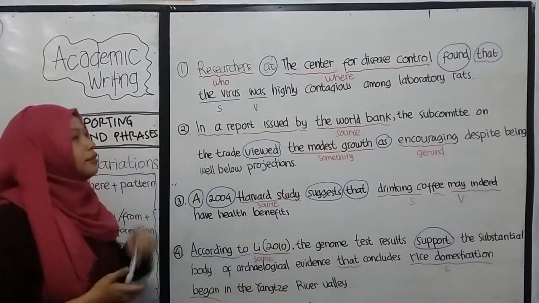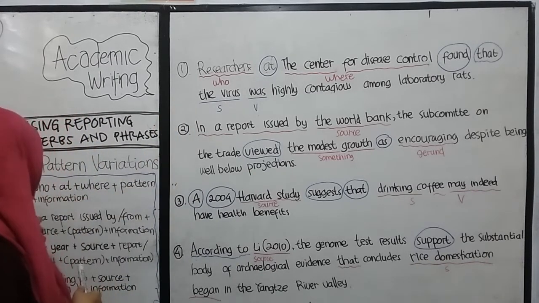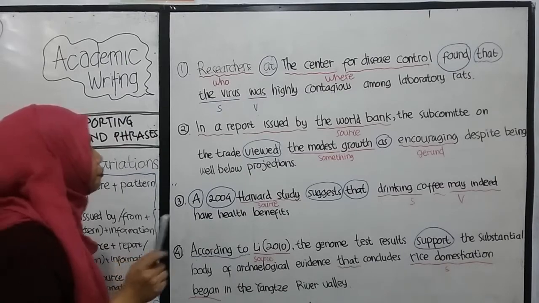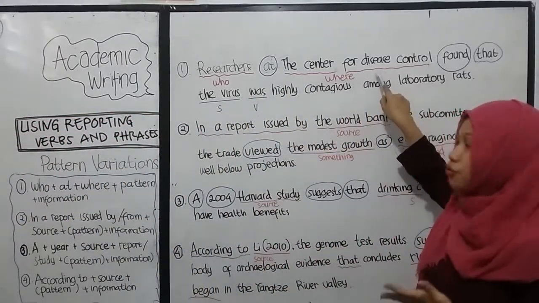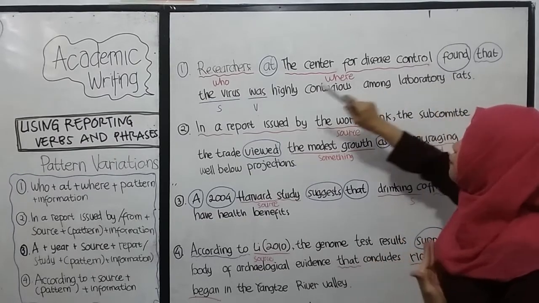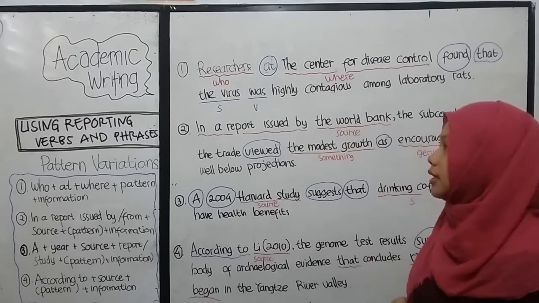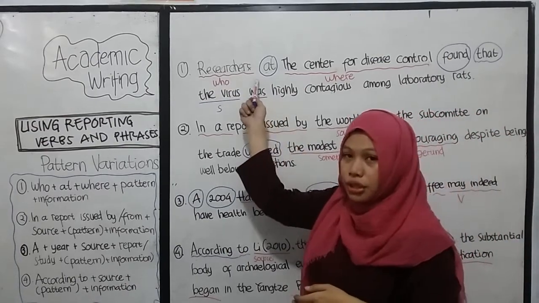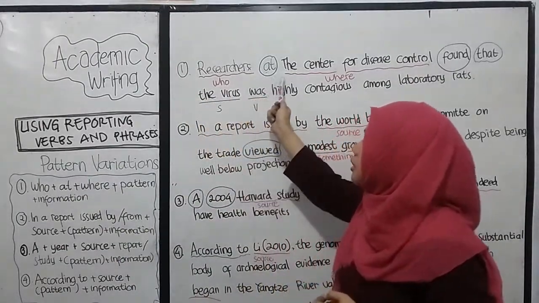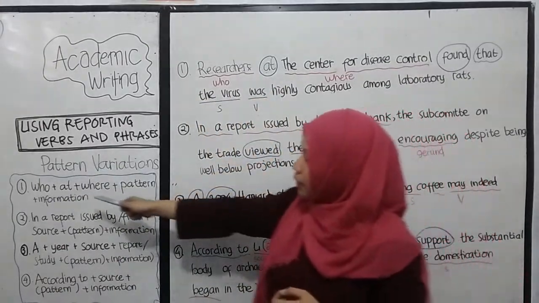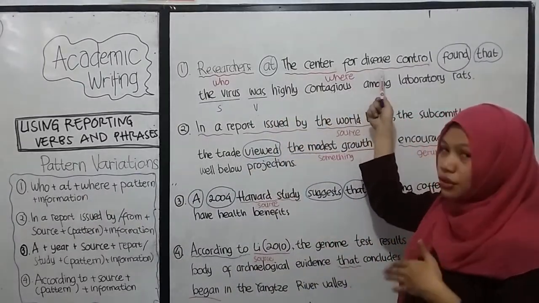Okay, for the first, this is an example for pattern variation number 1. Researchers at the Center for Disease Control found that the virus was highly contagious among laboratory rats. We find that the sentence uses who, then there is at, where, in the Center for Disease Control.